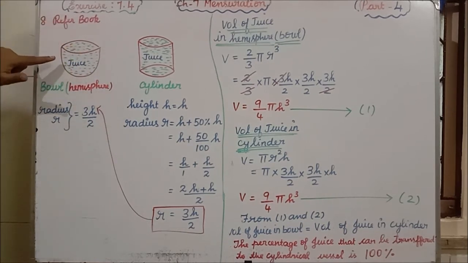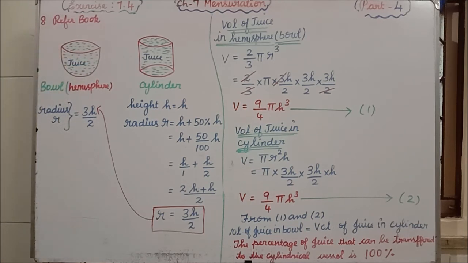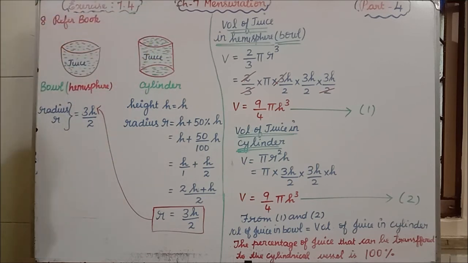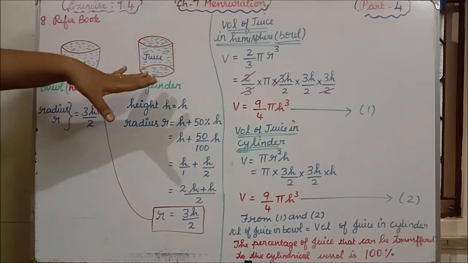See, I have drawn here a hemispherical bowl, and inside it the juice is there. The juice is poured into a cylindrical vessel. This juice we are pouring into where? Into a cylindrical vessel whose radius is 50% more than its height.